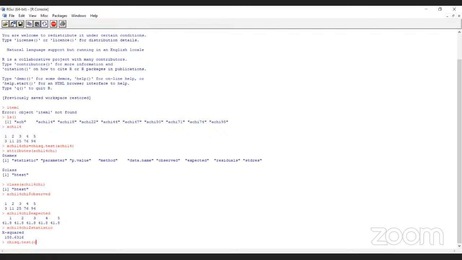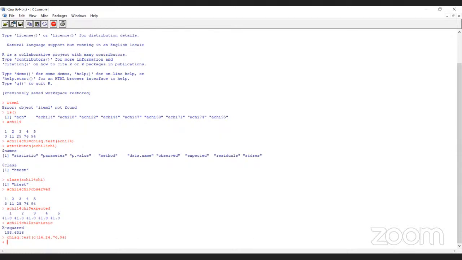Then another opening bracket. C is the function. C means concatenate. So after that you write down 14, comma 25, 76, comma 94. Bracket close. Enter.